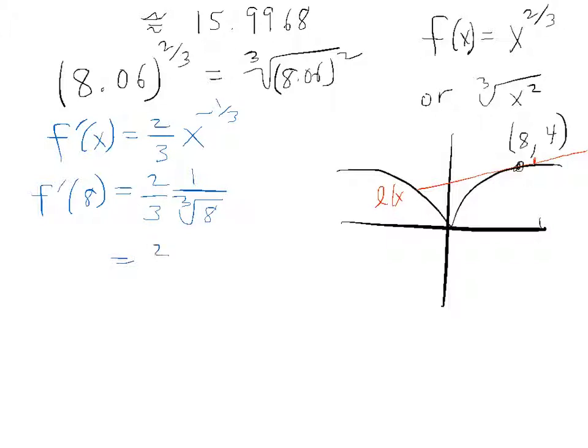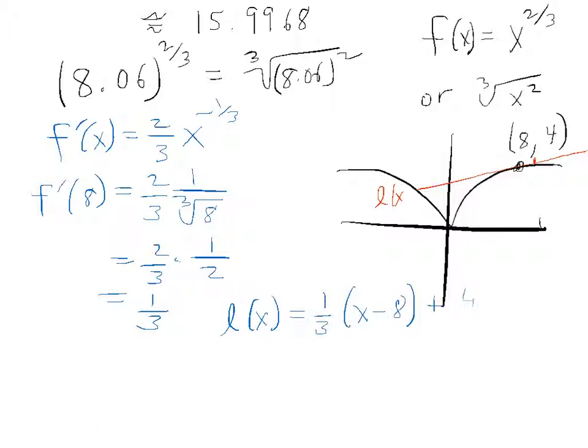So that would be 2/3 times 1 over the cube root of 8, which is 2, so we're going to get 1/3. So the slope is 1/3, and we have a point. So the equation of L of x is 1/3 times x minus 8 plus 4.